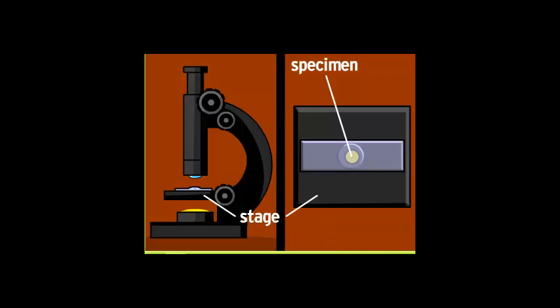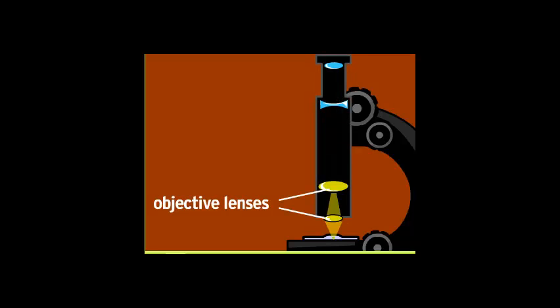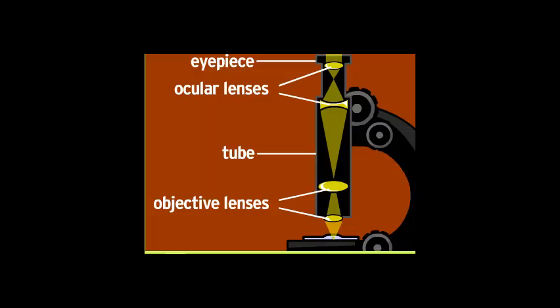The specimen is mounted on a slide, which is a rectangular piece of glass or plastic. After passing through the specimen, the light hits a series of objective lenses, which form an enlarged image of the specimen. The light from the objective lens set moves through the tube to the eyepiece. There, the image is further enlarged by the ocular lenses.